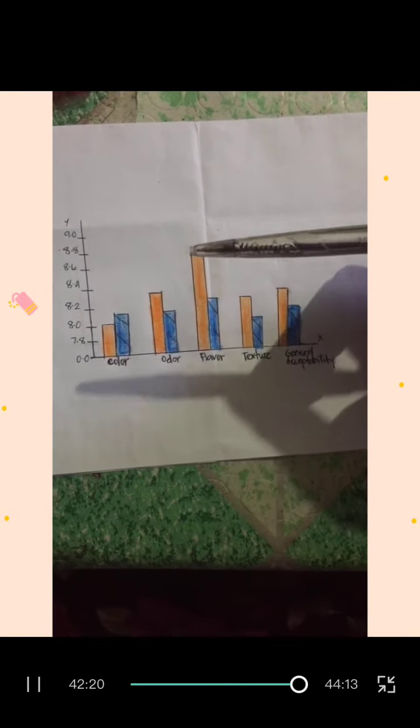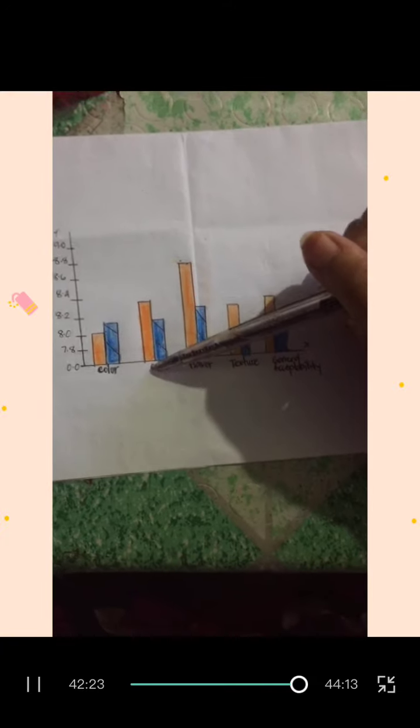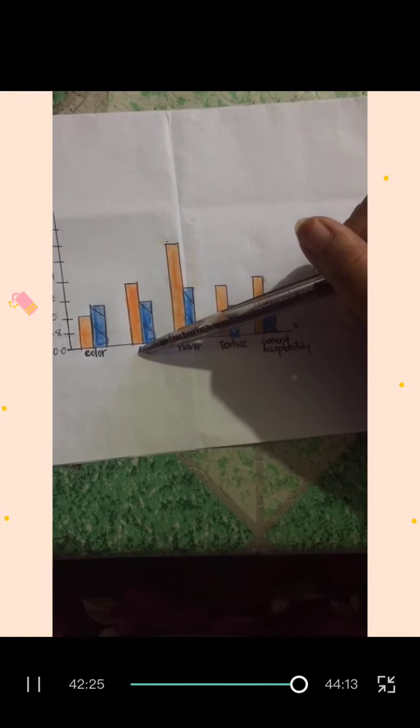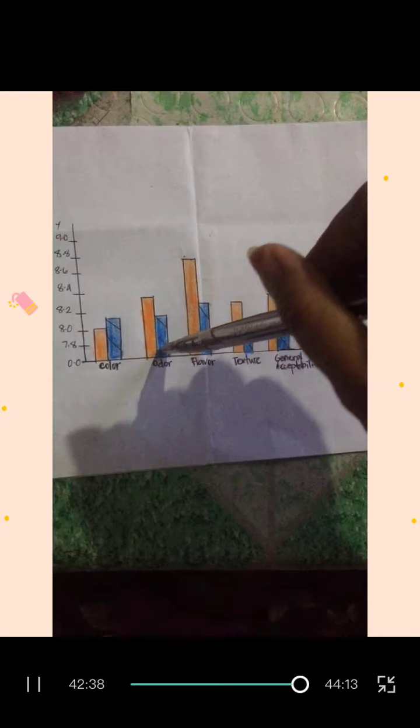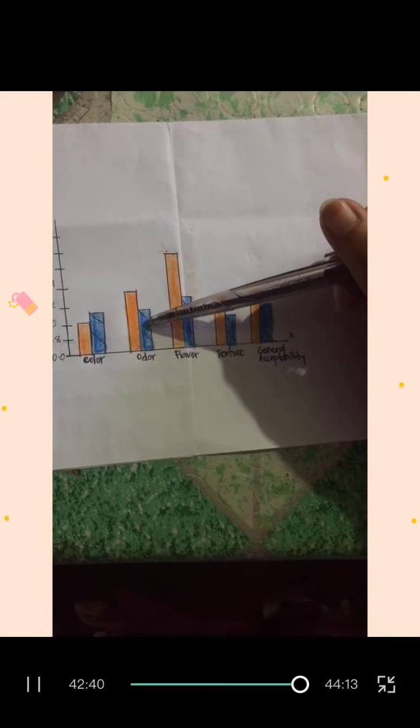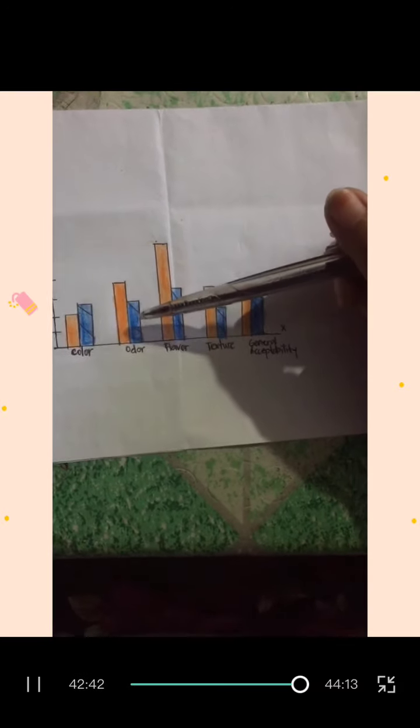In the quality attributes we have the odor. The mean X1 of the odor is 8.3. We need to go up to 8.3 to make a bar, and the mean X2 is 8.1, so we need to go up to 8.1 to make a bar. Next, we have flavor. The mean X1 of flavor is 8.7.